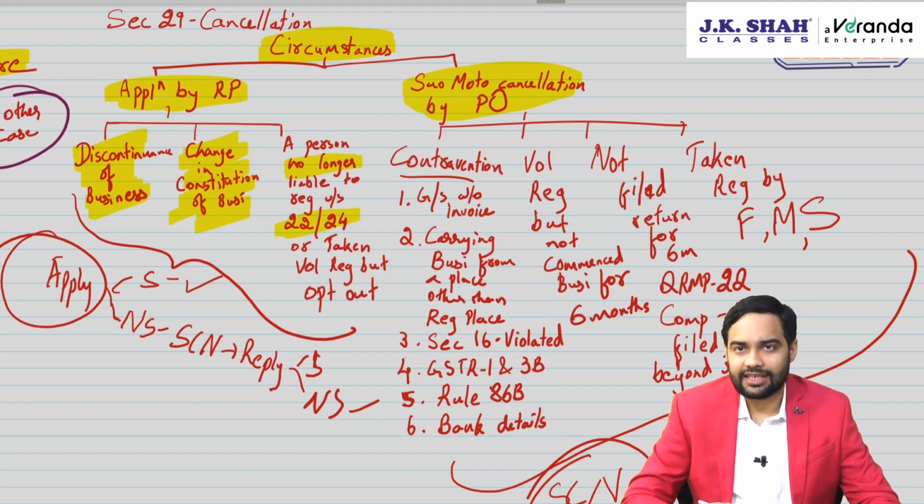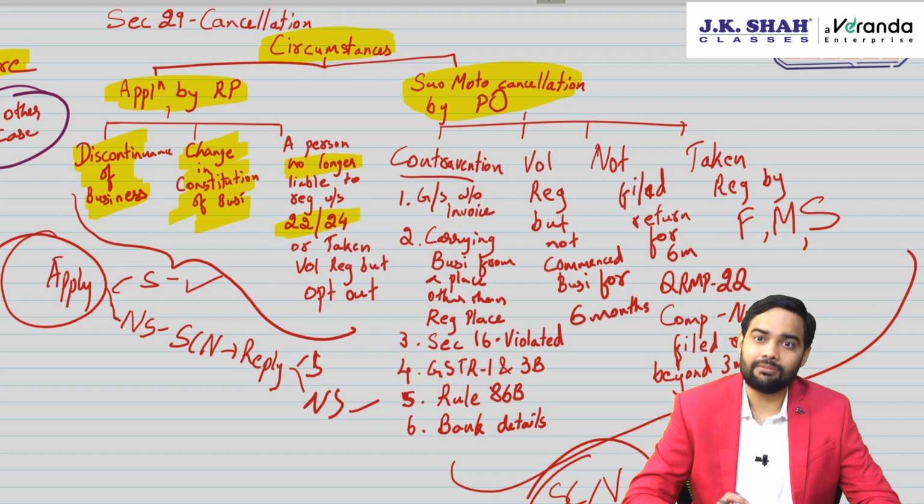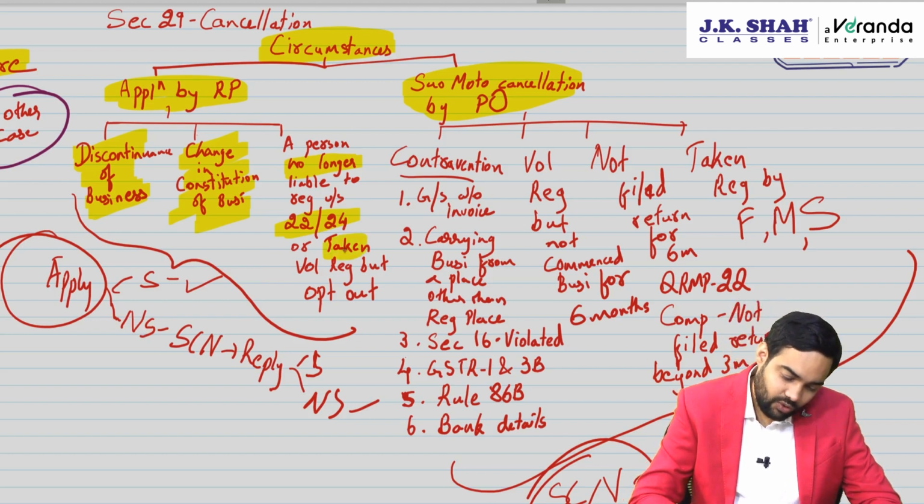Earlier I was making exempt supply, now I am not making that particular supply. Now my entire taxable supply has become exempt supply. Earlier I was supplying interstate goods, now I have stopped supplying interstate goods. Earlier I was taking GTA service where I was covered under RCM, now it is not GTA service, now I am taking courier service.